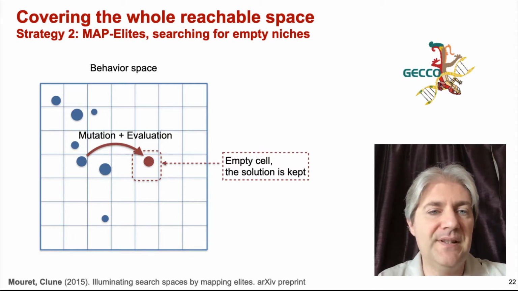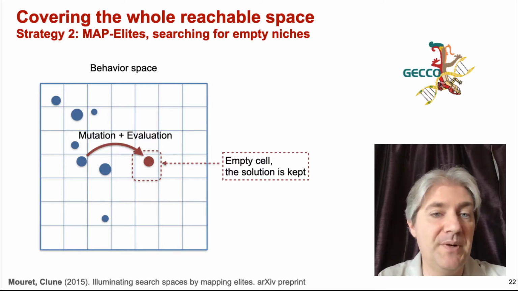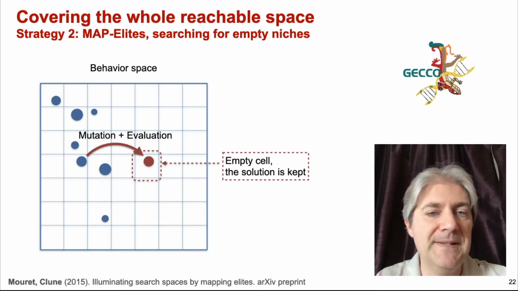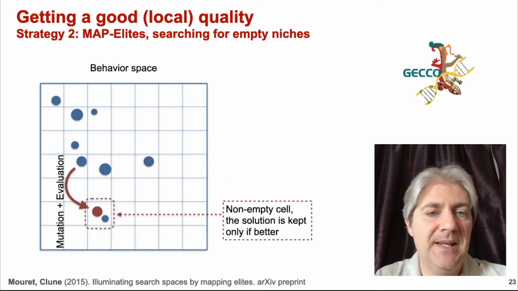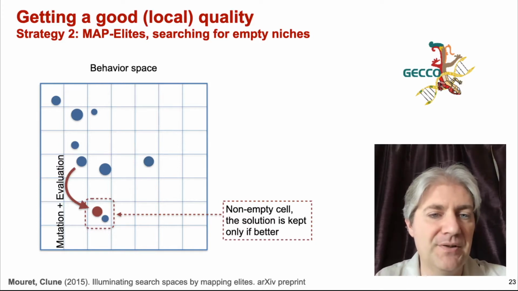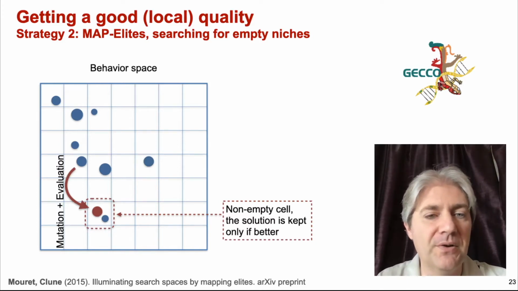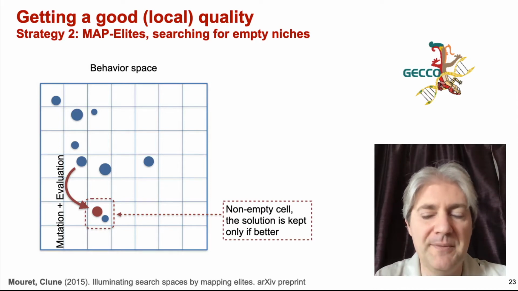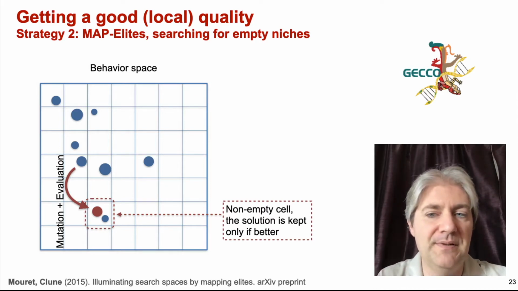In this selection scheme, once we generate a new solution, we evaluate it. If it ends up in an empty cell, the solution is kept. If it finishes in a non-empty cell, then the competition occurs and the best solution is kept. So the competition is only local to a particular area of the grid.